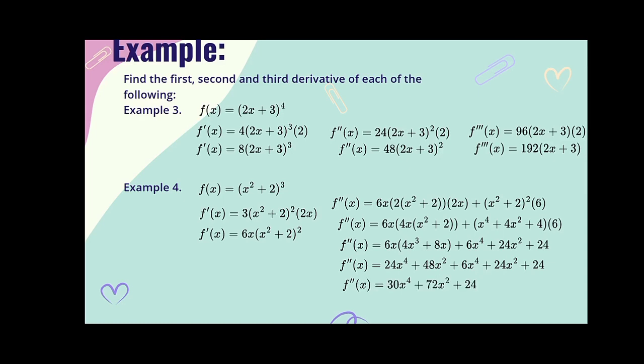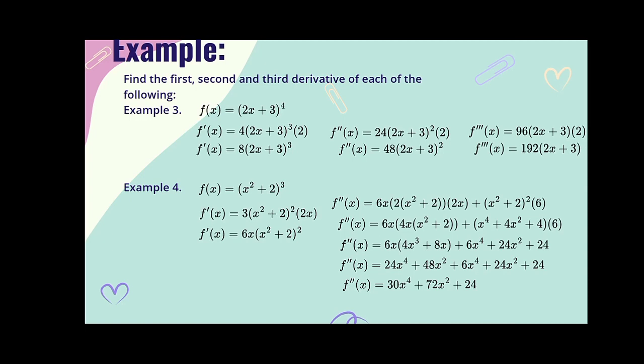Then we will now combine the like terms, which is 24x raised to 4 plus 6x raised to 4, so we add 24 plus 6, which gives 30x raised to 4.